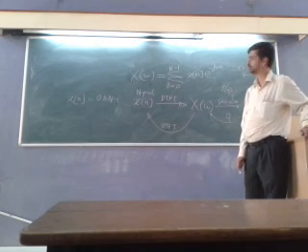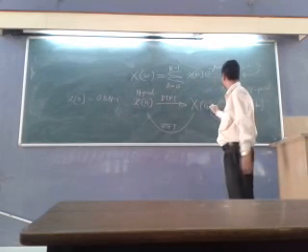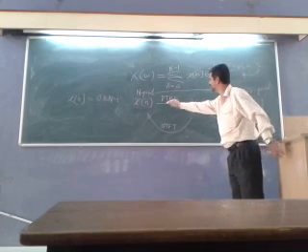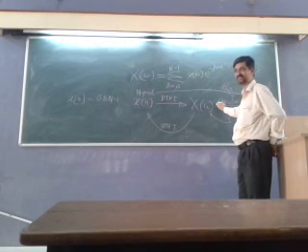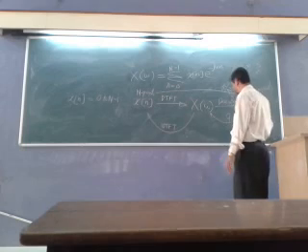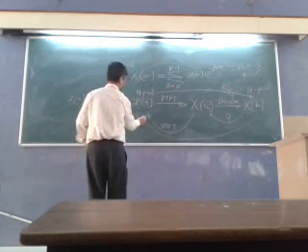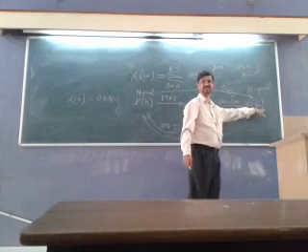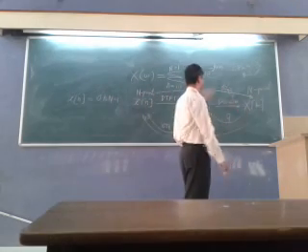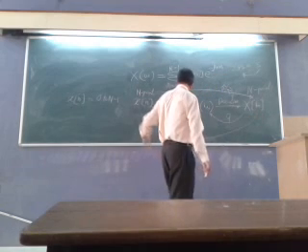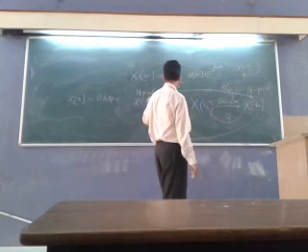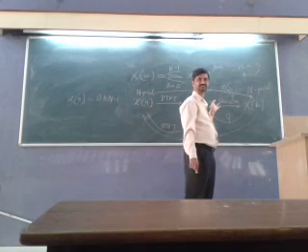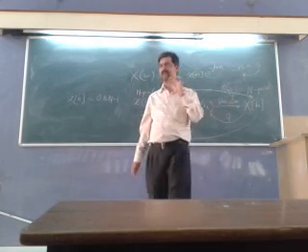From this you can find this, from this you can find this, bypassing this directly, and from this you can find this also, bypassing this. Then, if from this you are also able to find this, it is obvious that this sampling is sufficient, because from this you found this, from this you got back this, and from this you can find this. From the sequence you find the DTFT, from the DTFT you find the DFT.